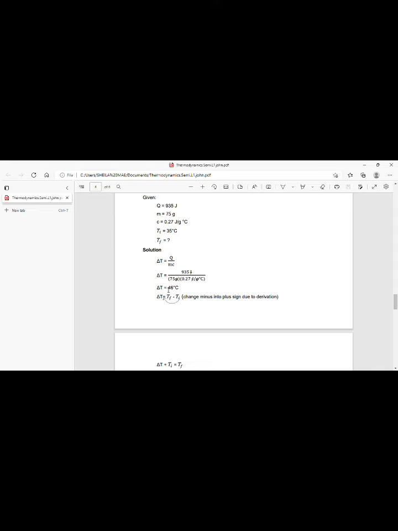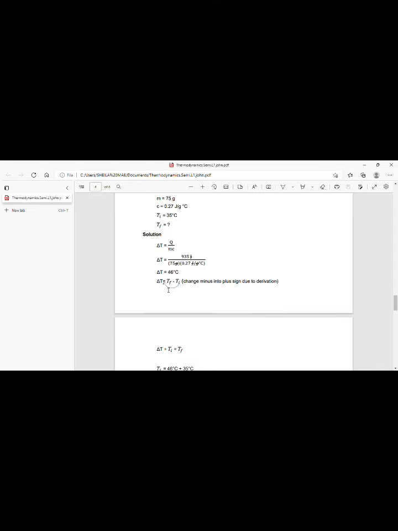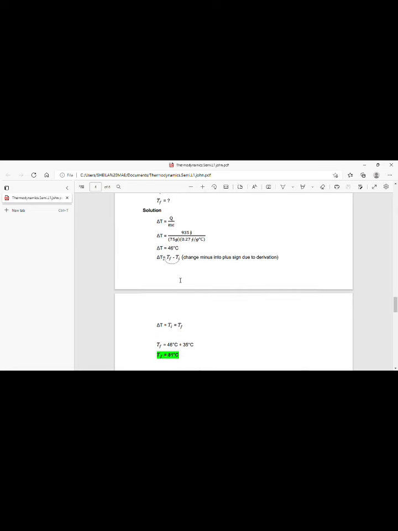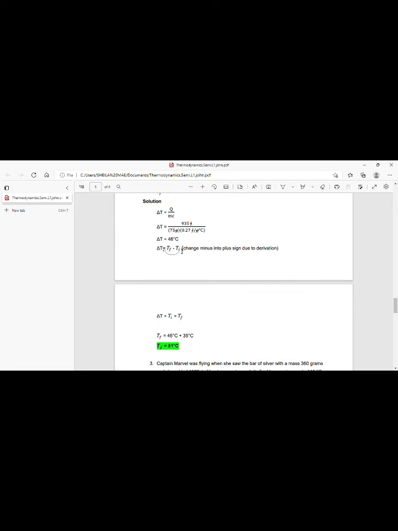We are not yet finished because we still need to find the final temperature. By finding the final temperature, we derive it by changing the minus sign into a plus sign. We move the initial temperature to the other side with the delta T, so that we find the final temperature.